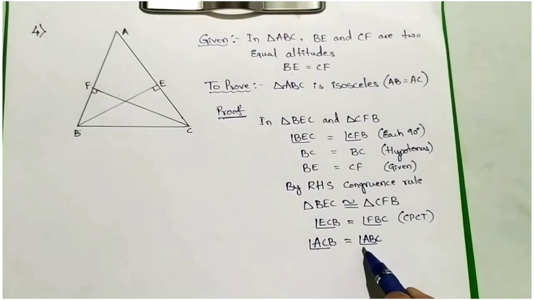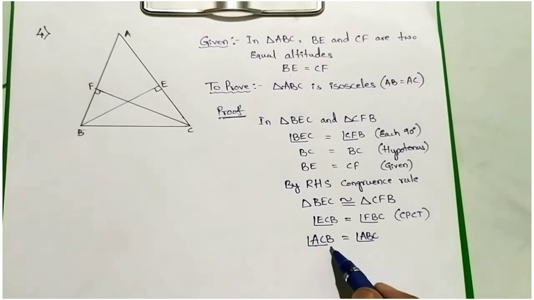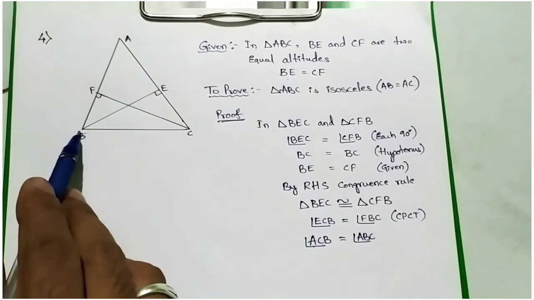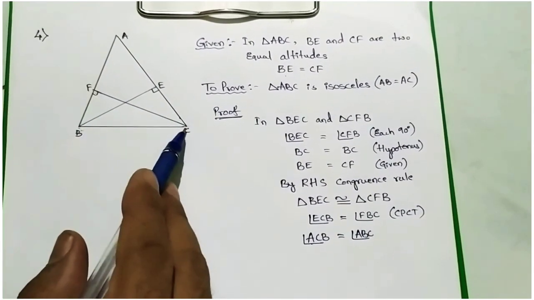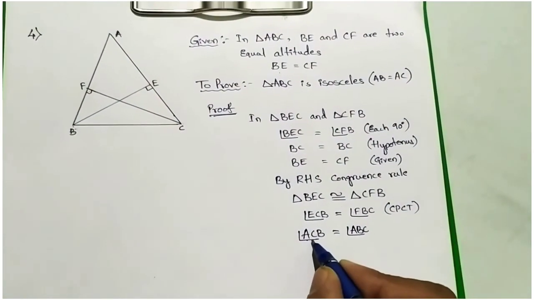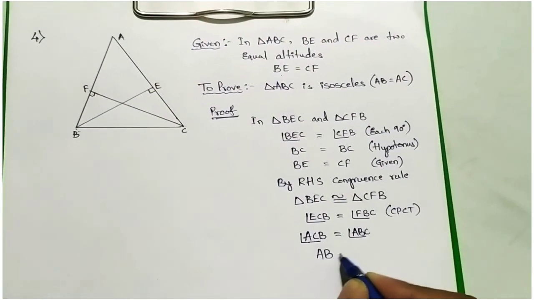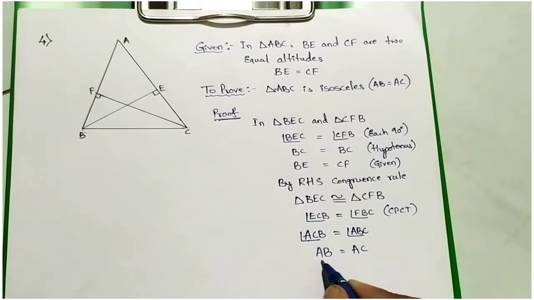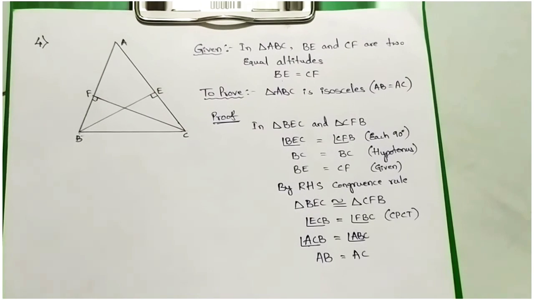Okay, so ACB equal to ABC, then their opposite sides will be equal. It means for the angle B, the opposite side is AC, and for the angle C, it is AB.